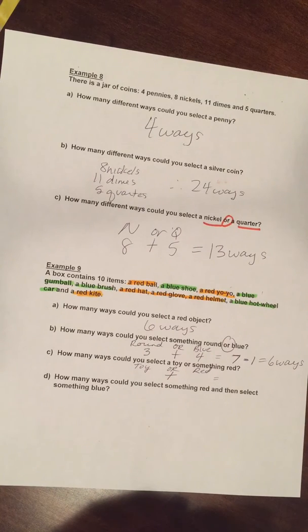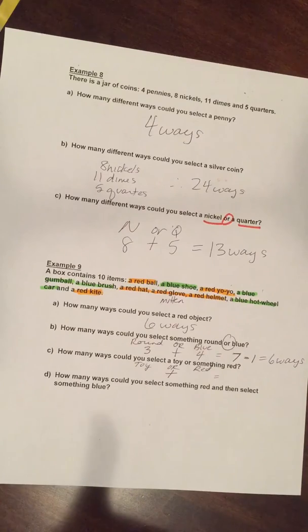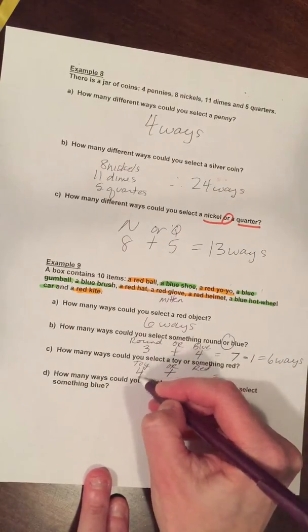A Hot Wheel car. And a kite. Let's keep the glove like a mitten. We'll pretend that this is a mitten. So, the red ball, the red yo-yo, the blue Hot Wheel, and the red kite. Those are all toys.